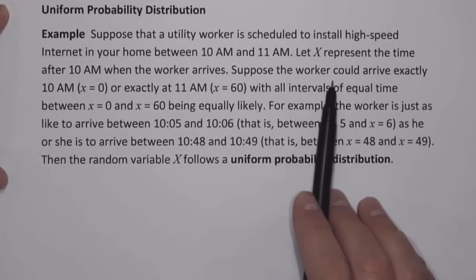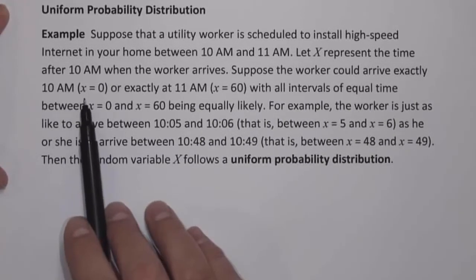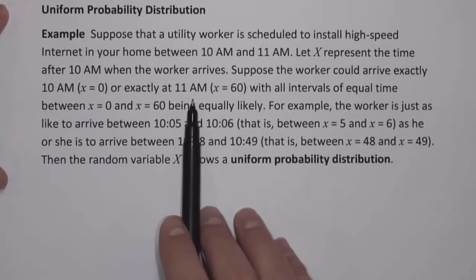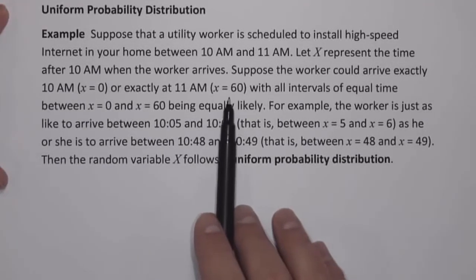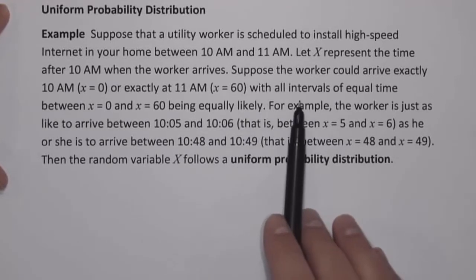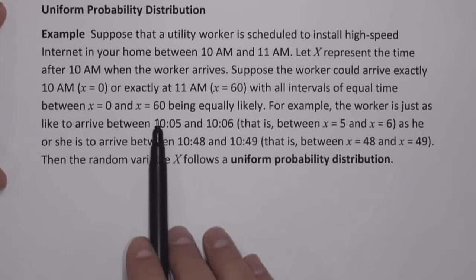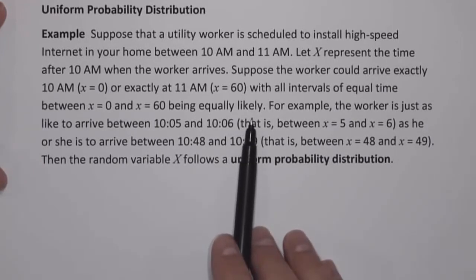Further, suppose that the worker could arrive exactly at 10 a.m., which means X equals 0, or exactly at 11 a.m., which means that X equals 60, with all intervals of equal time between X equals 0 and X equals 60 being equally likely.